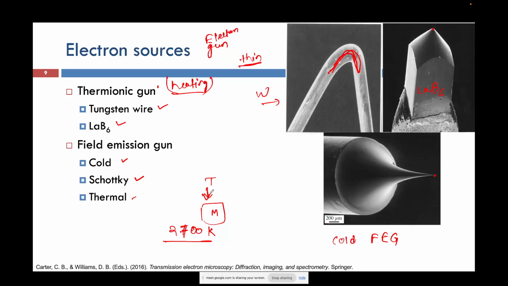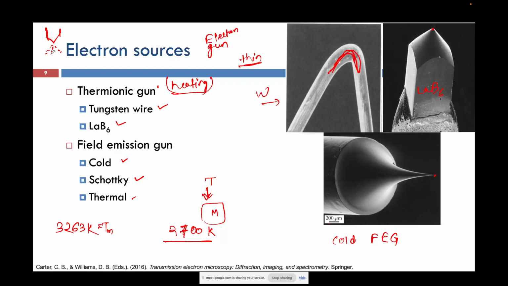And since the melting point of tungsten is, I think, 3263 Kelvin, we can easily heat tungsten beyond 2700 Kelvin and we will get our electrons. Electrons and light both are coming out, and it is up to us which one we want to use. Let's say electrons will be coming out from this tip, all the electrons.